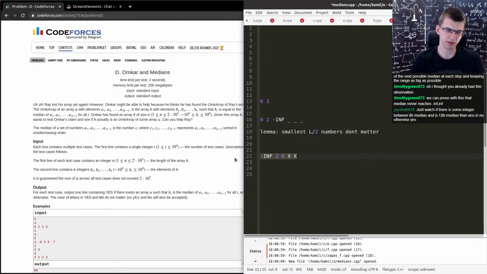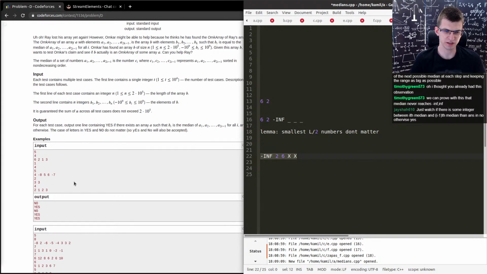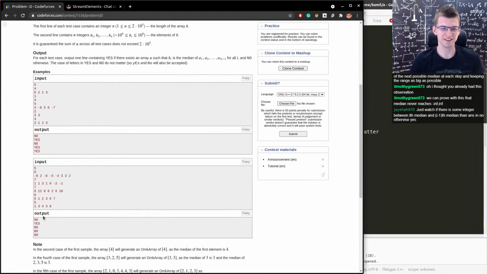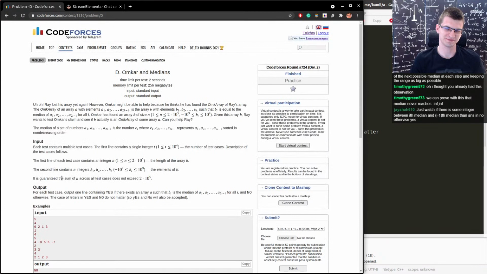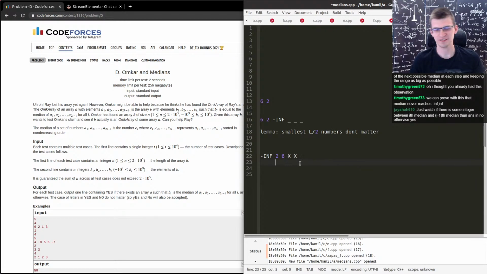Watch if there is some integer between the i-th median and the (i minus 1)-th. But what you're talking about is... The answer is yes or no. I wanted to reconstruct the array. I see.